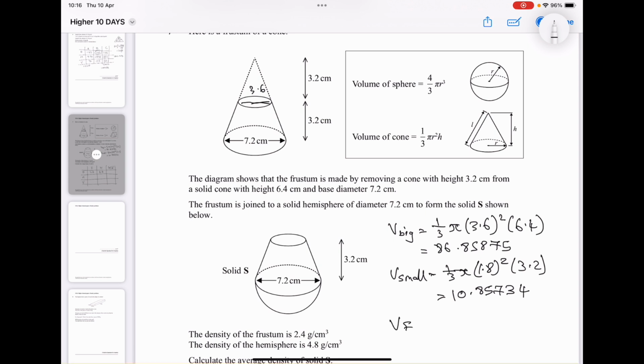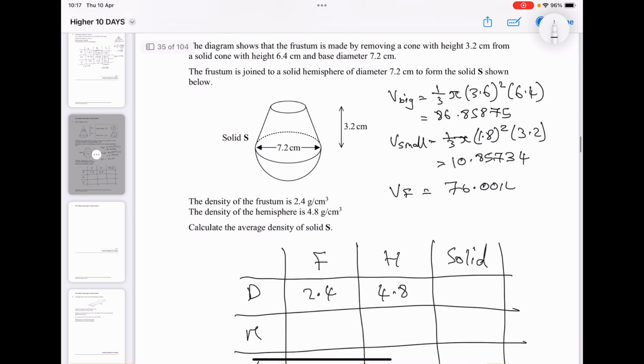Volume of the frustum is just the big take away the small. So I've got 86.85875 minus 10.85734, which is 76.00141. So that's the volume of the frustum.